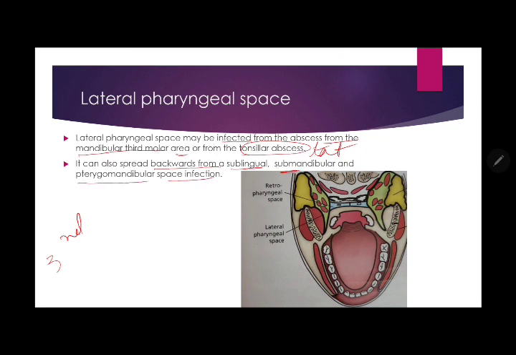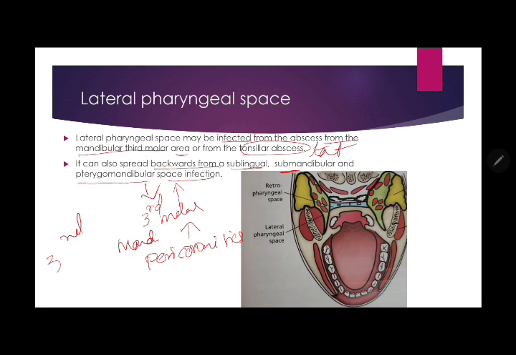So this pterygomandibular space infection is also due to any infection from the mandibular third molar region, especially from the pericoronitis. So any pericoronitis involving the third molar, that infection can lead to pterygomandibular space infection.